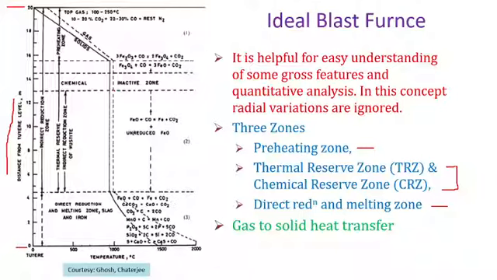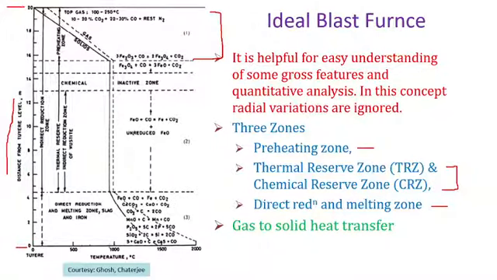In the top part of the stack, we can see the preheating zone. This portion is the preheating zone, where the reduction of iron oxide takes place step by step, and the temperature of both the solid and gas increases towards the bottom. That means towards the thermal reserve zone, the gas temperature and the solid temperature go on increasing.